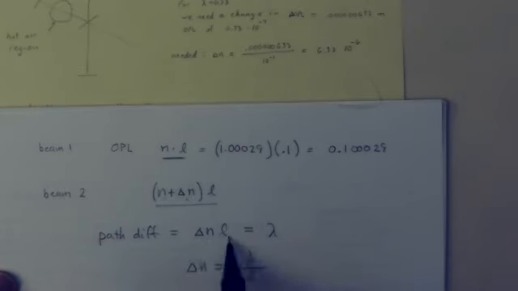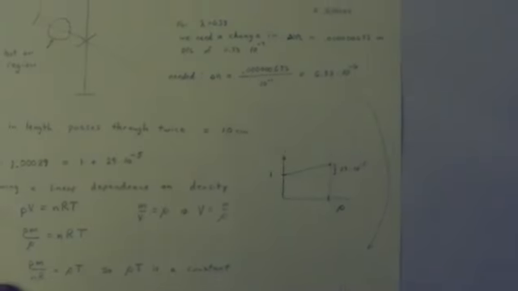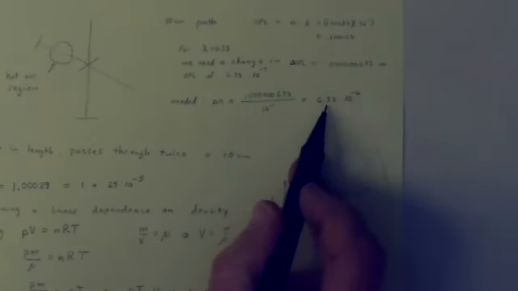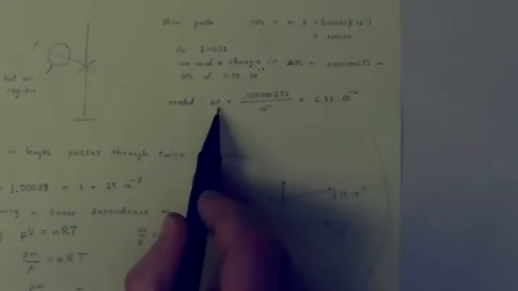Wanting that to be equal to lambda, then delta n has to be lambda over L. So that's what I found up here. So that's the change that I want in the index of refraction.